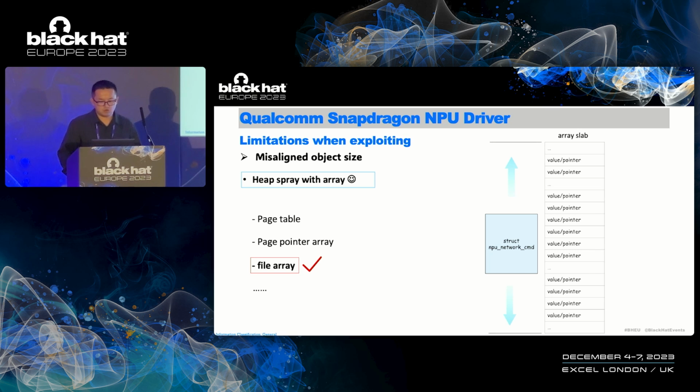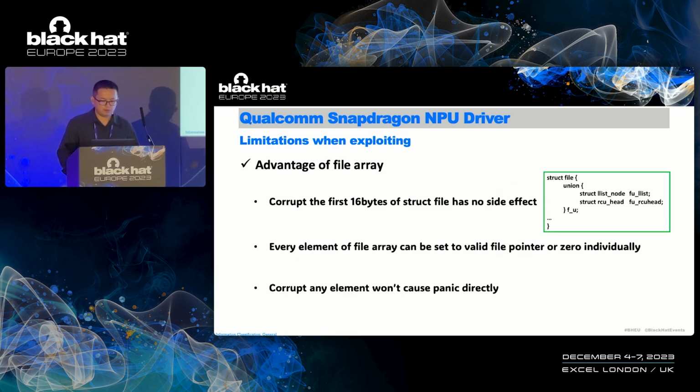We tried some array objects. It turned out that the file array is a really perfect victim. First of all, corrupting the first 16 bytes of file object has no side effect, which is really important because the list delete operation would corrupt the first 16 bytes of the file object.